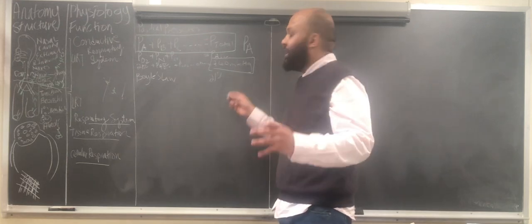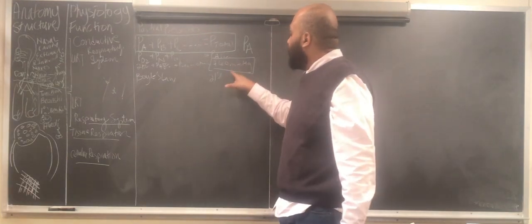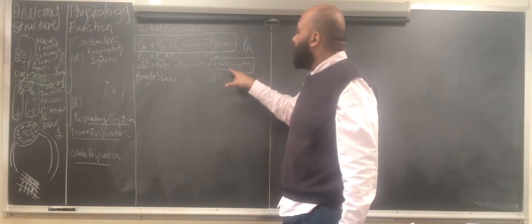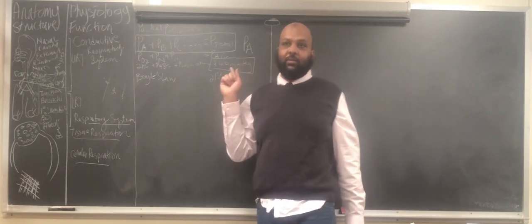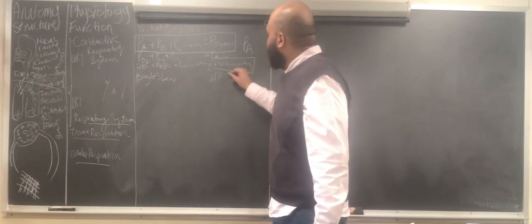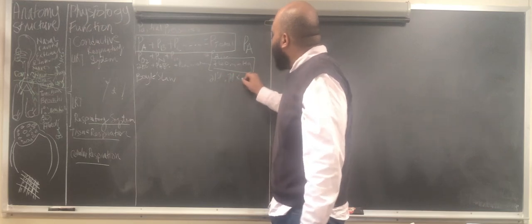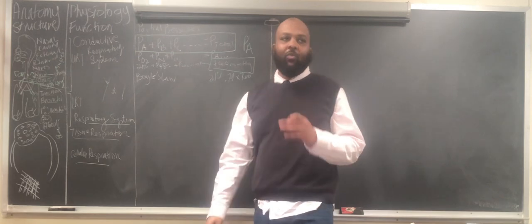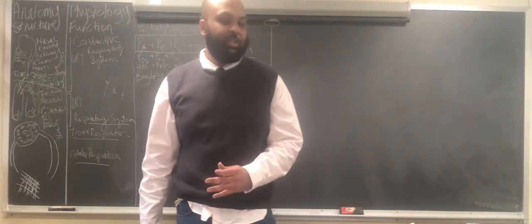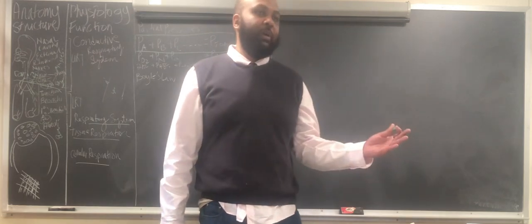Then how much is the total pressure that oxygen can contribute into my total atmospheric pressure is 21% times 760. Nitrogen is 79. So 0.79 times 760, that will tell me how much nitrogen is contributing into my atmospheric pressure.